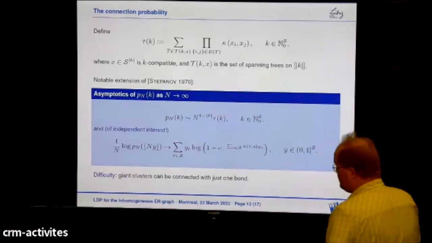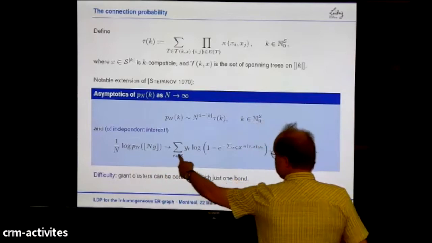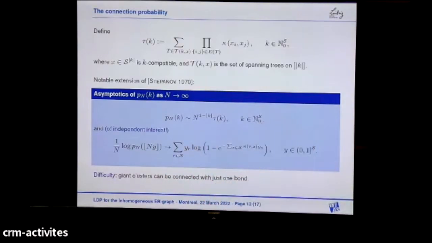And the exponential rate of this probability is equal to this one here. A relatively simple formula. I think this is not in the literature about Erdős–Rényi graphs so far. The difficulty in proving this is that if you have two giant components, then you can easily make one out of it by just adding one single bond. It's a bit annoying, but it's true.